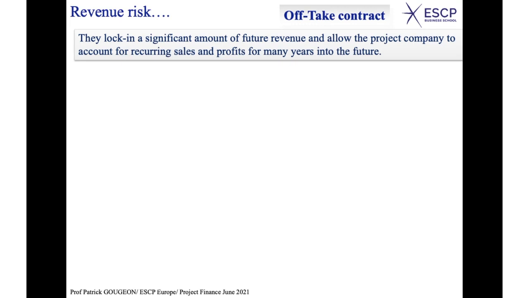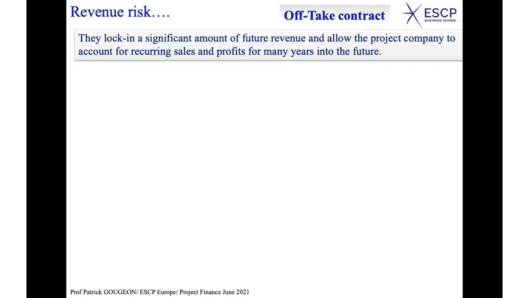In other words, the objective is to lock in a significant amount of future revenue and allow the project company to account for recurring sales and profit for many years into the future. Why? Because the objective is always the same. You have to keep that in mind. You need to secure future cash flows. An offtake contract is a way to secure future revenues.